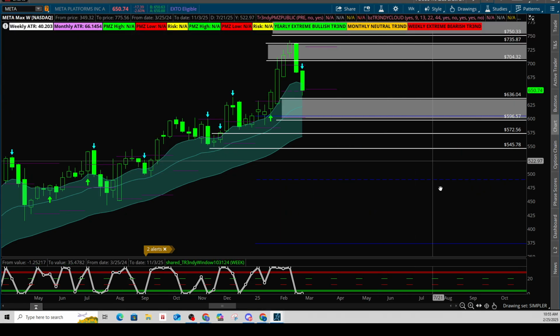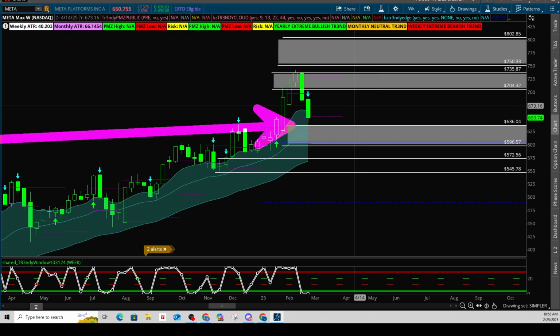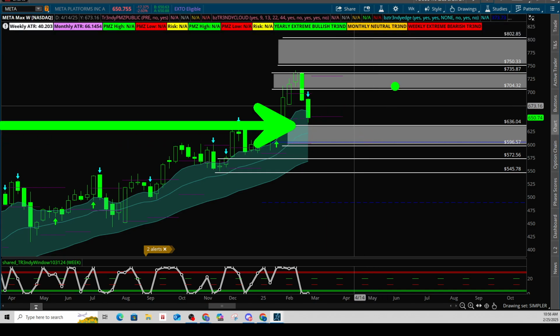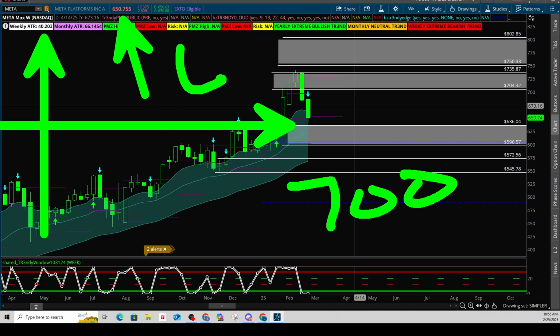Okay, so the question that I have to ask myself, if I'm right, can price move back up to 700? Now remember, in options there's more of a time variable. I don't have to be right. Like, I don't have to get to 700 today, but we do want price to move in the right direction. All right. And I want to know, if we were to bounce 40 right here, guys, that would be a 690.